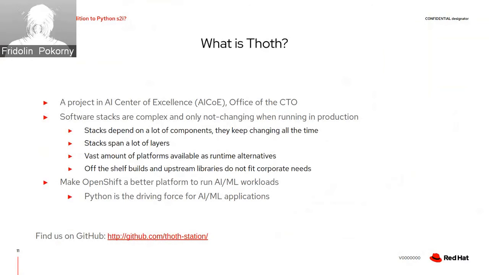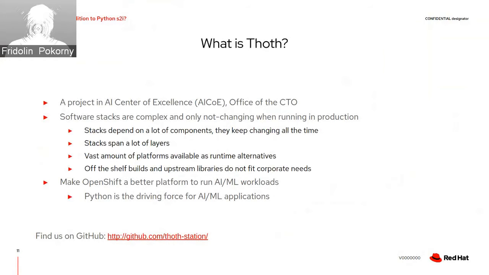We know that software stacks depend on a lot of components, and software is changing all the time. You can see that there are different layers like Python libraries. Then there are native dependencies provided by the operating system in the form of RPM packages, for example.